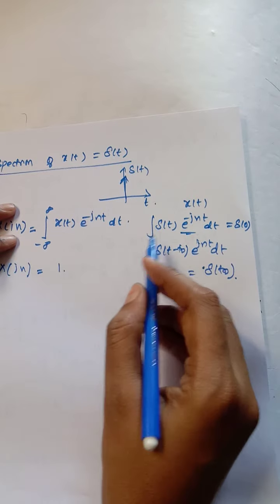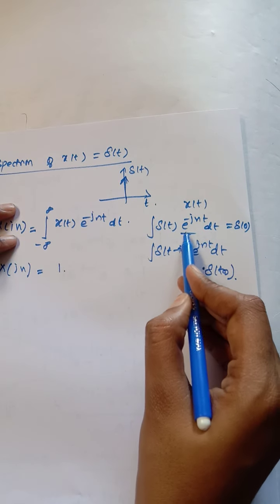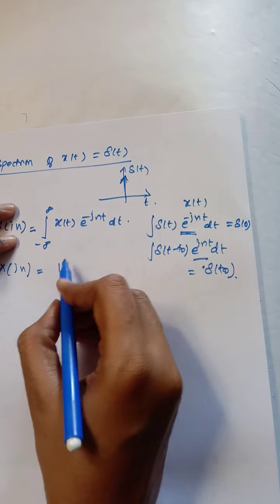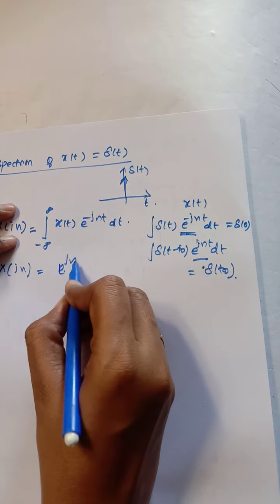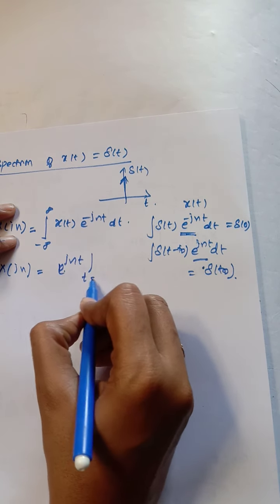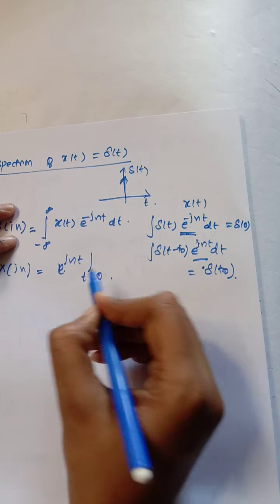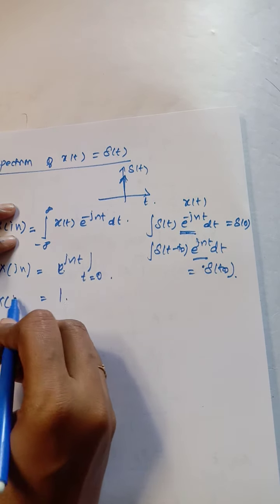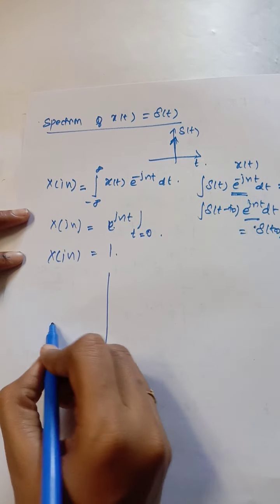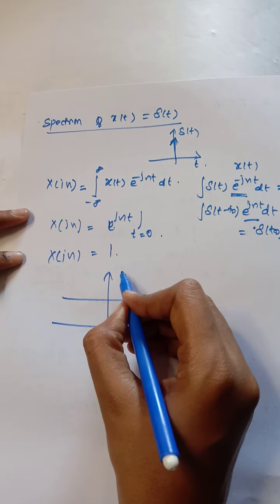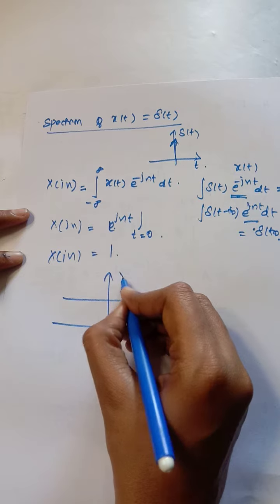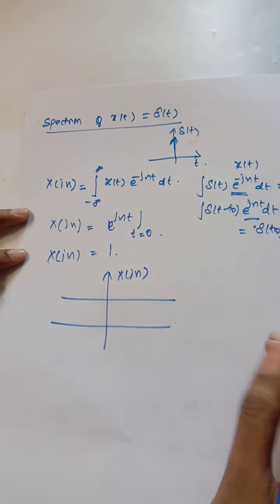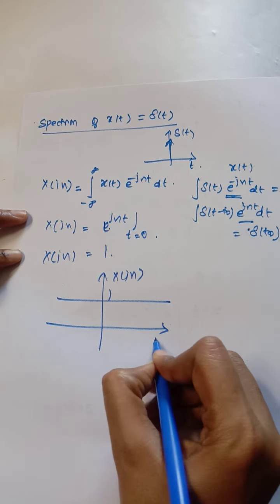Similarly, here instead of x of t, I have e power j omega t. At time t equal to 0, I need to find the value. So e power 0 is 1, so X of j omega is 1, irrespective of t. This is the Fourier transform of an impulse signal.